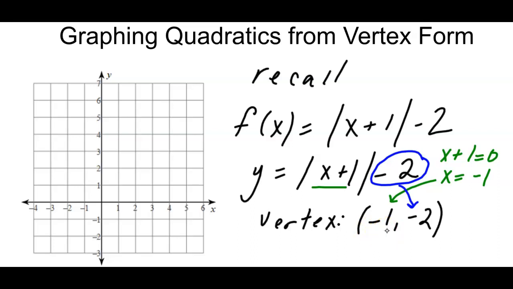So then we were able to go ahead and graph this, plotting our vertex, -1, -2. And then in order for us to find some other points, all we did was pick an x value and plug it in, make a t-chart. So if you plug in x equals 0, we will be able to find a point over here.